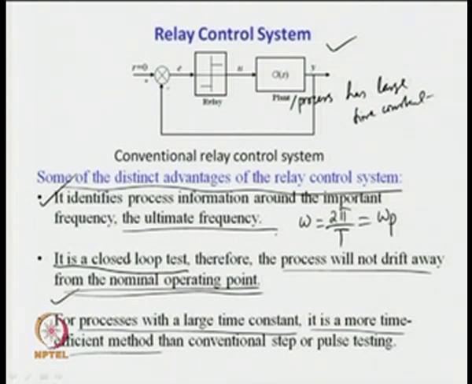Whereas, when we have a relay in place of proportional controllers in the closed loop, we will have no difficulties in obtaining sustained oscillatory output in spite of the large time constant in the process. So, it is an efficient method compared to the earlier techniques.